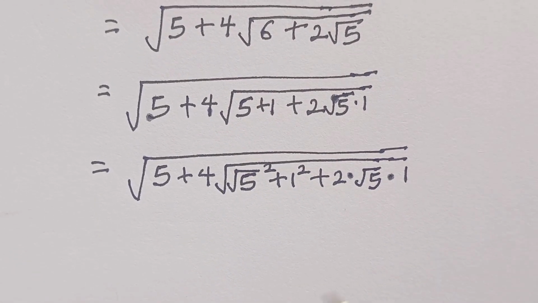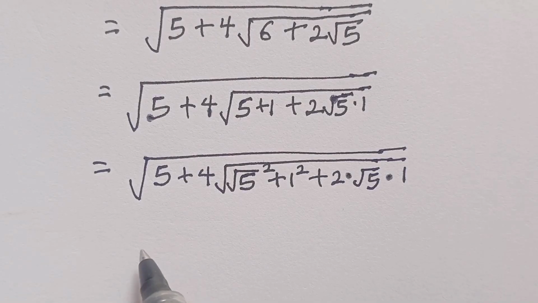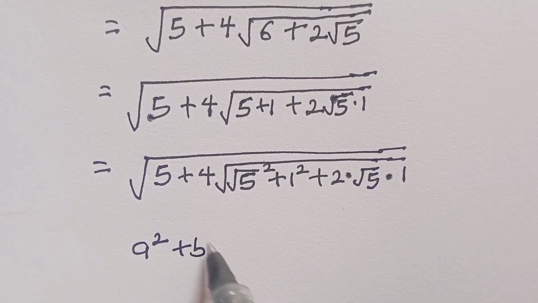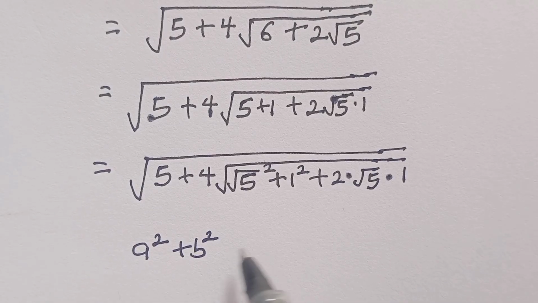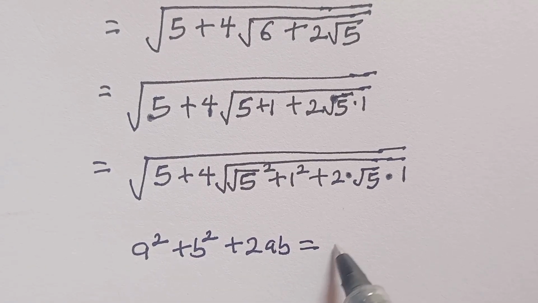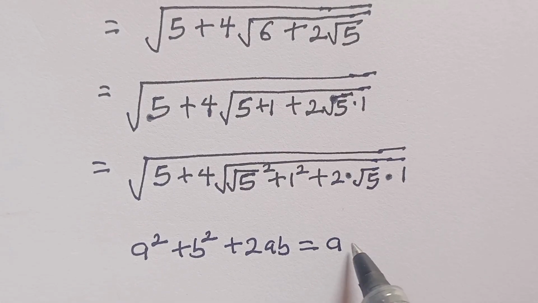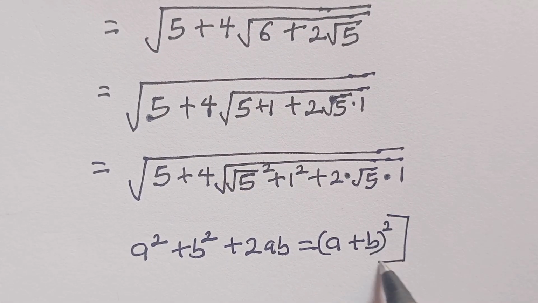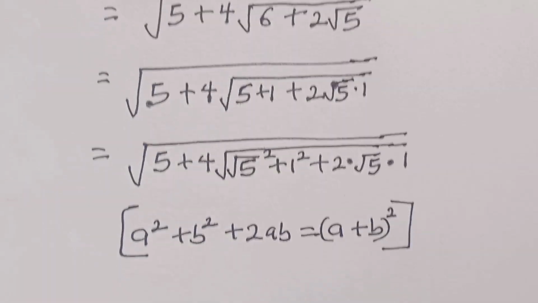If you look at this critically, it follows this pattern: a squared plus b squared plus 2ab gives us a plus b, everything squared. So it's easy and straightforward for us to apply that to the above expression.